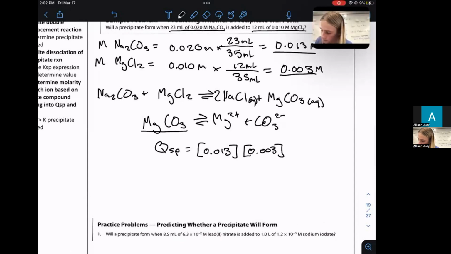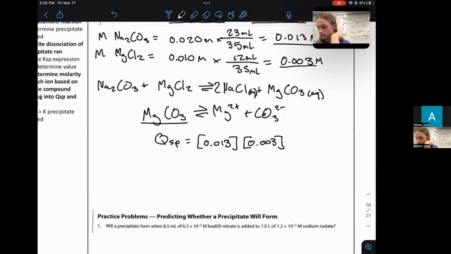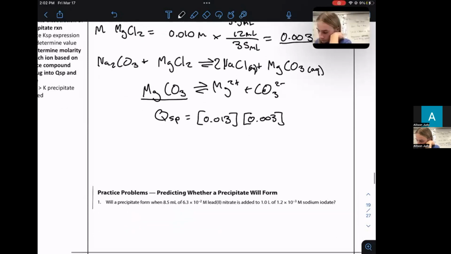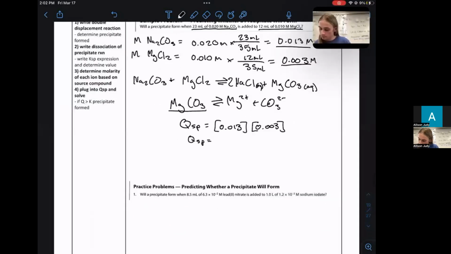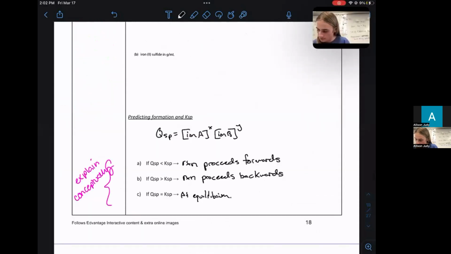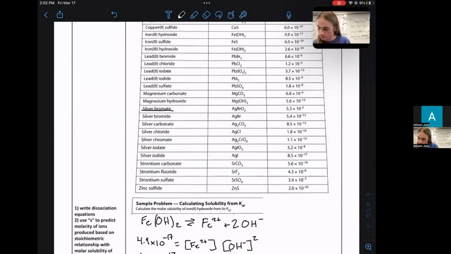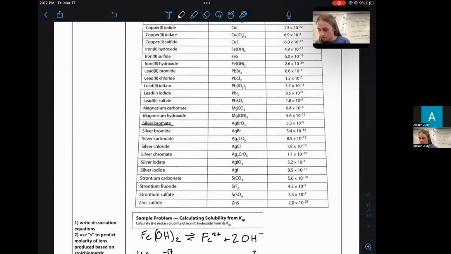Because we have no coefficients in this equation, they're not raised to any powers. So this should be a pretty easy plug and chug. Then we're going to have to look up the KSP value for magnesium carbonate in the table. You have to have the KSP value to be able to calculate this, so either they'll give it to you or they'll give you a table.